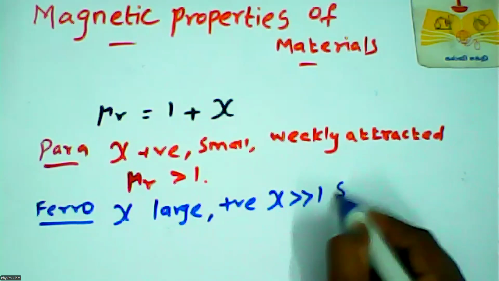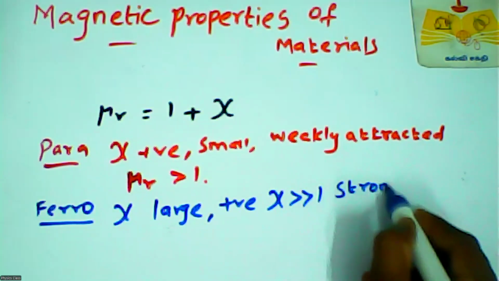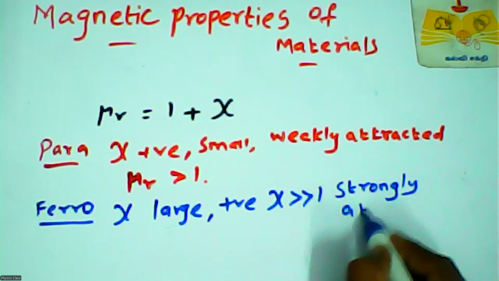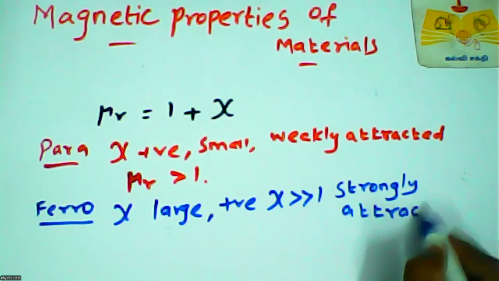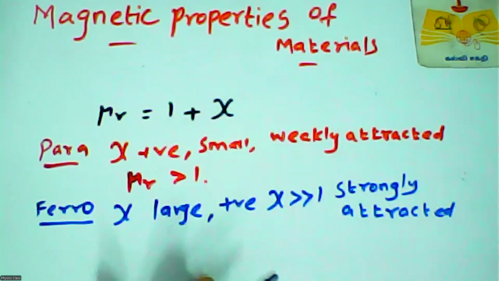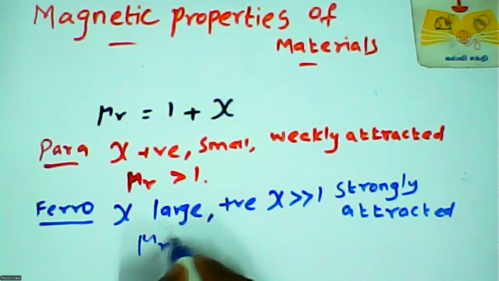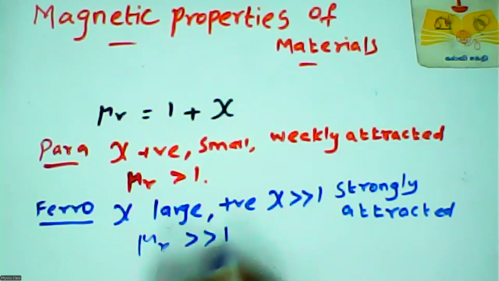And they are strongly attracted by the external magnetic field. And finally, relative permeability is much greater than 1. These are the important notes related to these three types of materials.